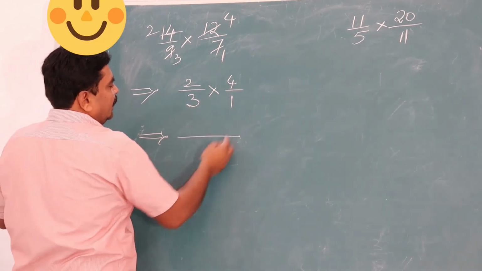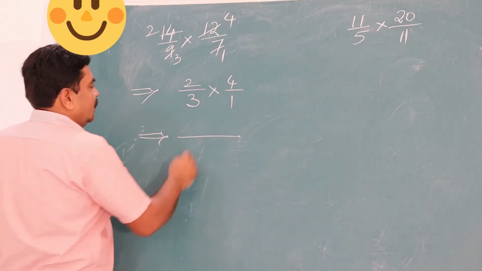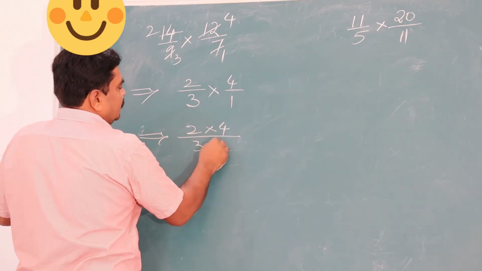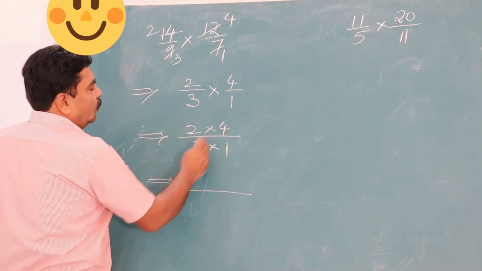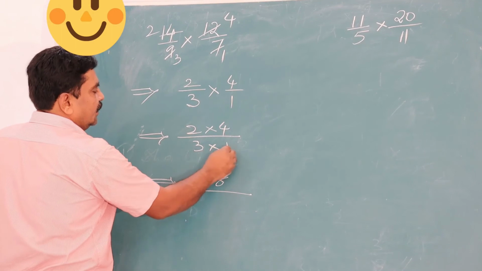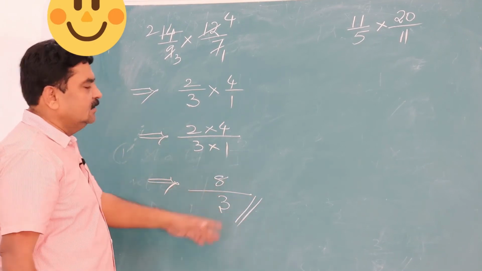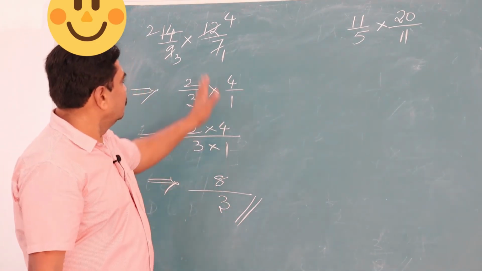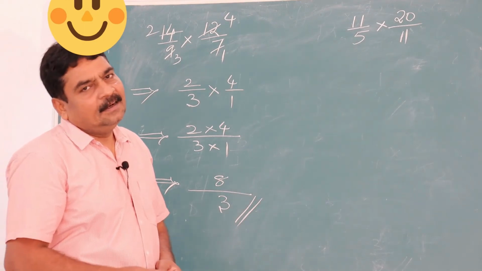Then you multiply numerator into numerator and denominator into denominator, that is 2 into 4 by 3 into 1. What is your next step? 2 4s are 8 and 3 1 time is 3. This is your simplest form because 8 and 3 don't have any common multiple. Now we'll go to the next one, that is 11 by 5 into 20 by 11.